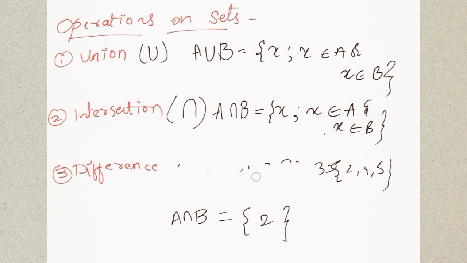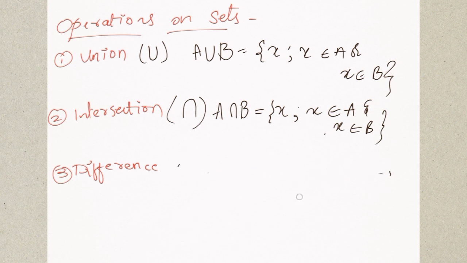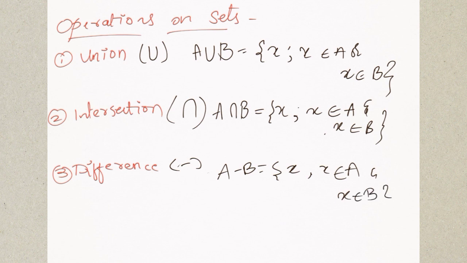Now we will see the difference of two sets. Okay, difference you all know, right? With the minus sign we will indicate this. A minus B is the set of X where X belongs to A and X does not belong to B. Very, very important. It should not belong to B. Now I will take the same example, set A {1, 2, 3} and B is the set {2, 4, 5}.